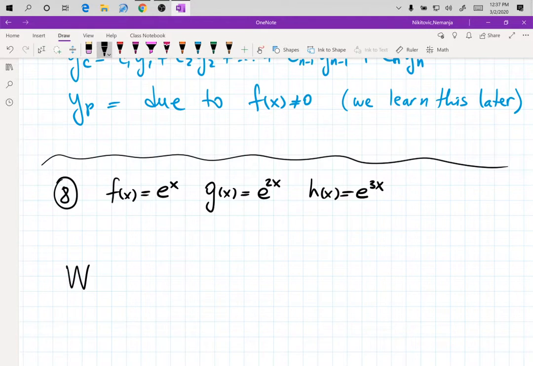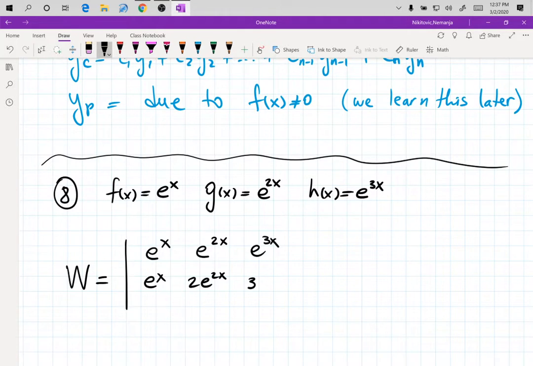So Wronskian is going to be, and by the way, all of these problems are going to have 3 of them. They could have put one of them to have 4, but they didn't. So the first row is the row of functions provided. Second row will have the first derivative of each one of these. And the last row will have the second derivative.